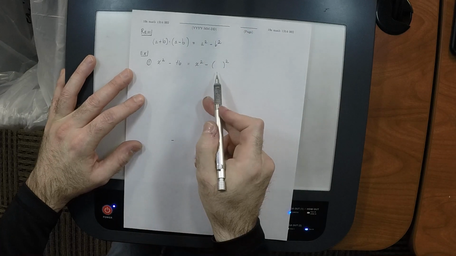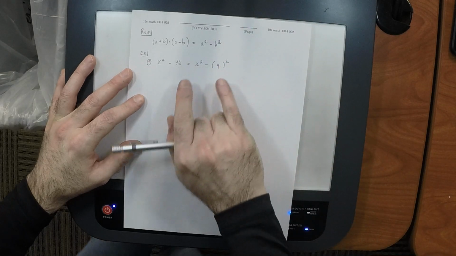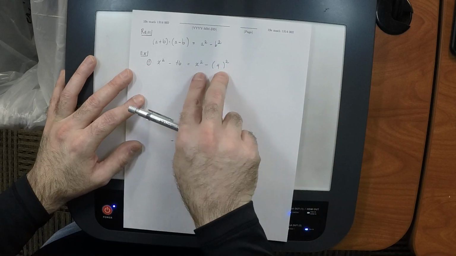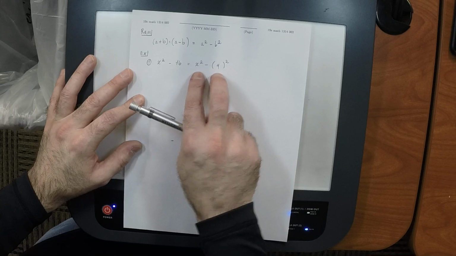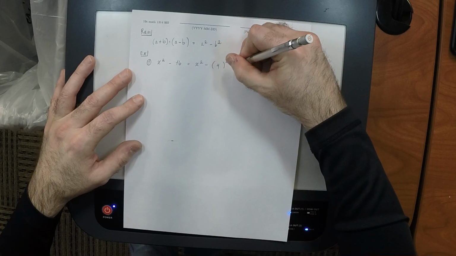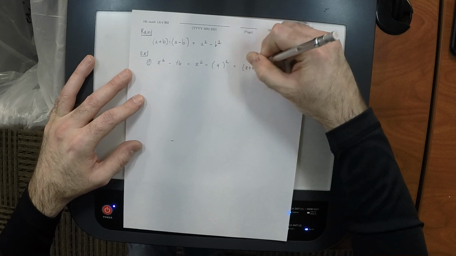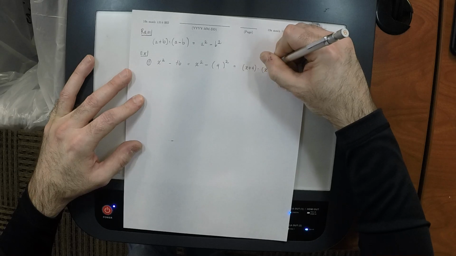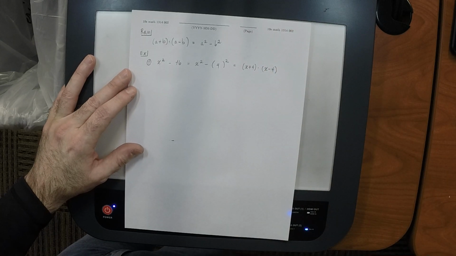Can you tell me what goes in there? 4, right? Okay. So now this is expressed as the difference of squares. So then you could say that therefore the answer is x plus 4 multiplied by x minus 4. Any question about that one?